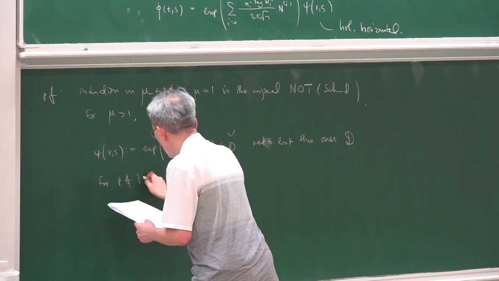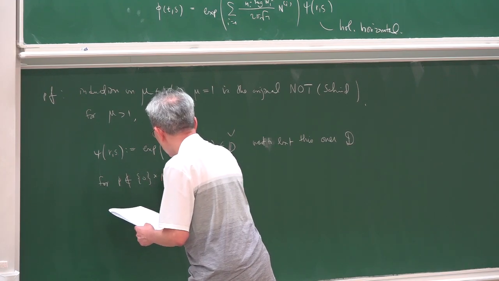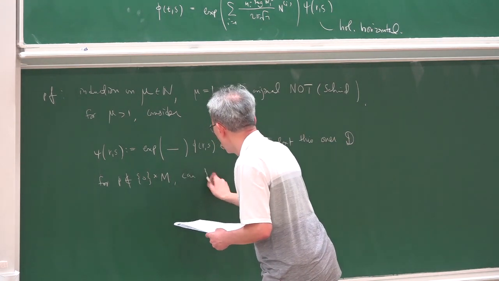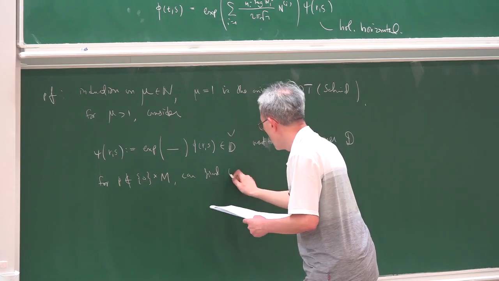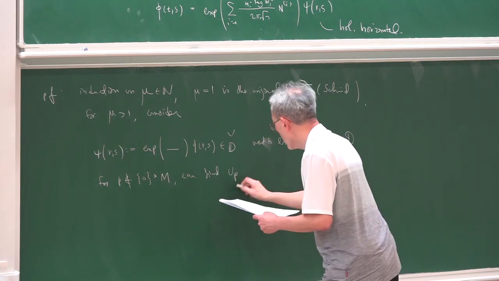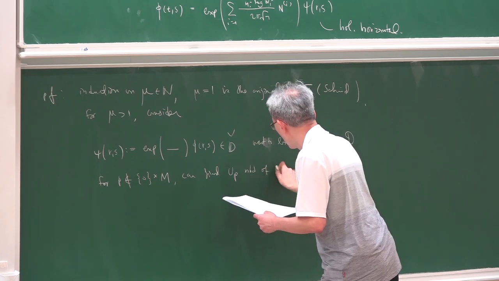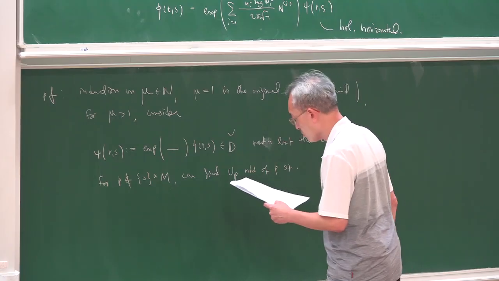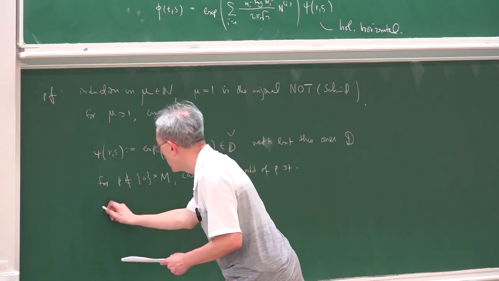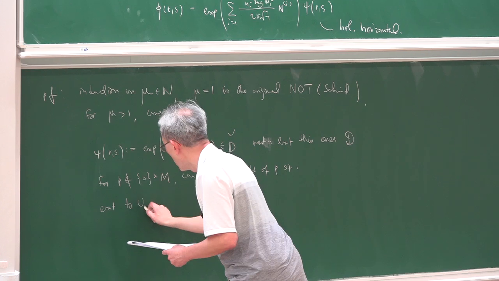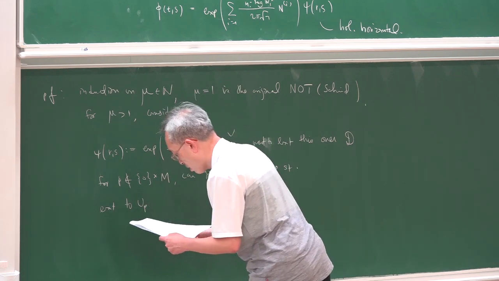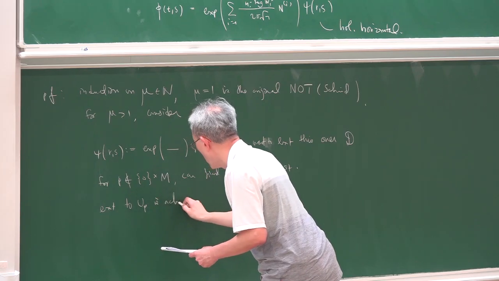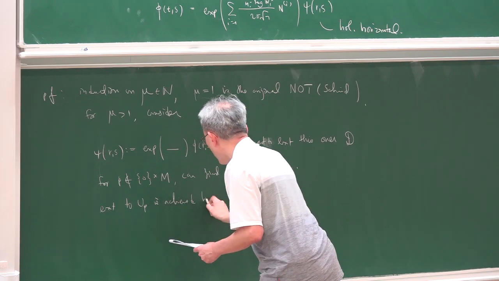If it's not in the axes, then we can find a neighborhood UP, a neighborhood of P, such that extension to UP is achieved by induction.